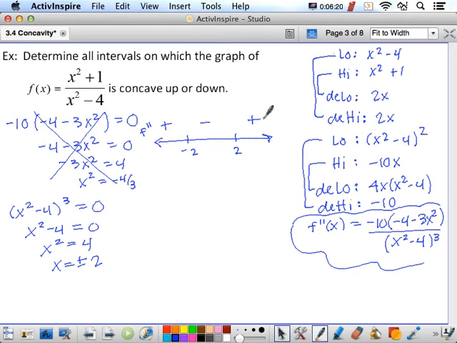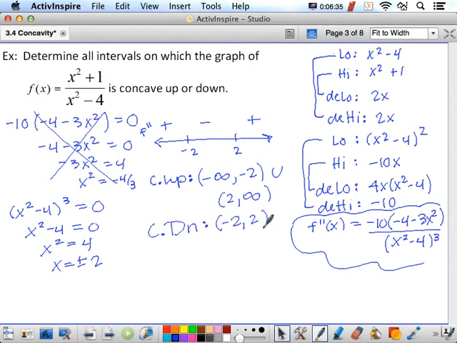So let's take a look. If I wanted to check myself, what could I do? I could look at the graph of the original. So if we go to y equals, we look at the graph of the original.